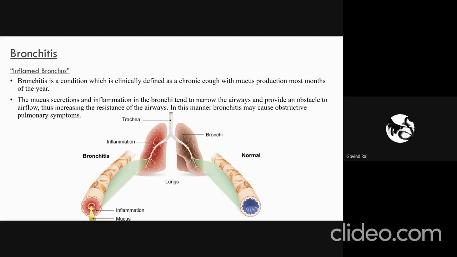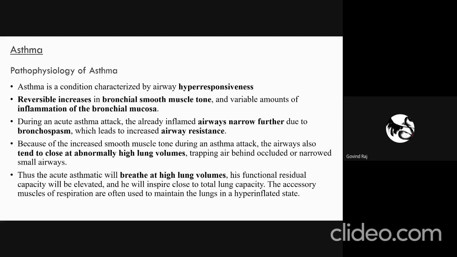In this manner, bronchitis may cause obstructive pulmonary symptoms. Just as we said earlier, it creates an obstruction to the air pathway, and that leads to an obstructive kind of disorder. Now, let's look at what asthma is. The pathophysiology of asthma is that this condition is characterized by hyperresponsiveness of the airway.